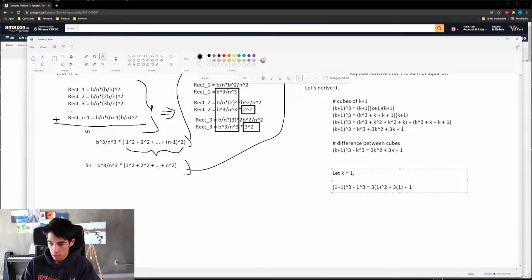And then if we do the same thing, let k equal 1, k equal 2, and so on. And if we keep on doing this, I'll actually draw out one more.